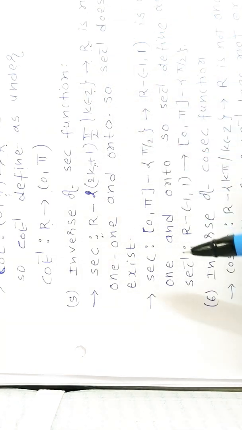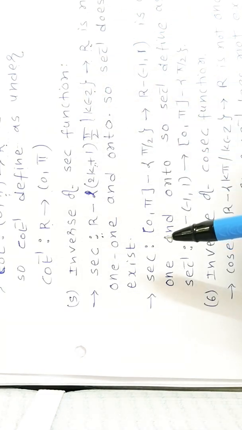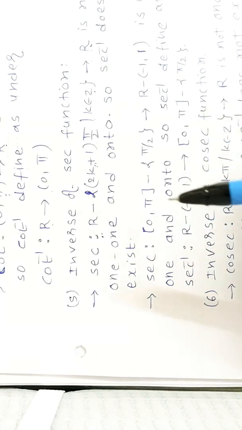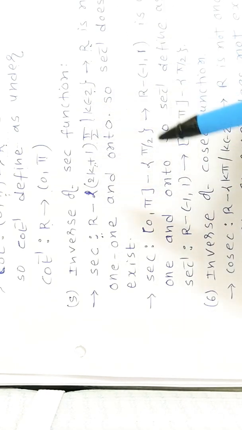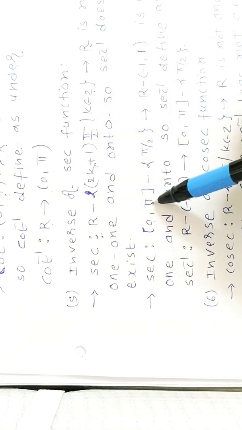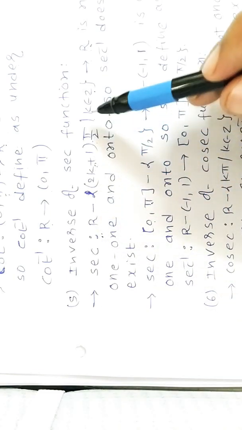So the inverse of sec does not exist. If we want to get the inverse of sec function, we have to restrict its domain. The new restricted domain is 0 to pi instead of R minus (2k plus 1) pi by 2, k belongs to Z.